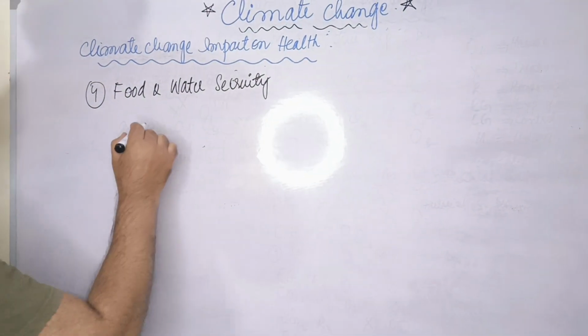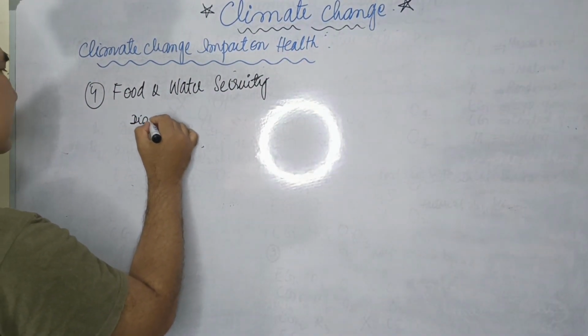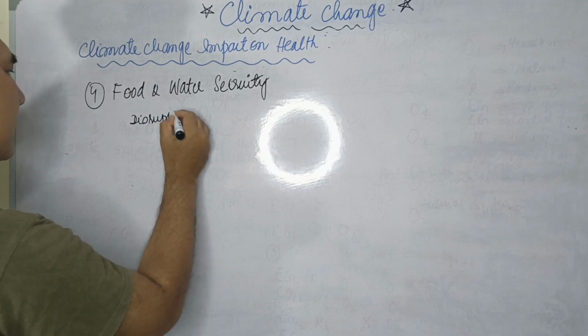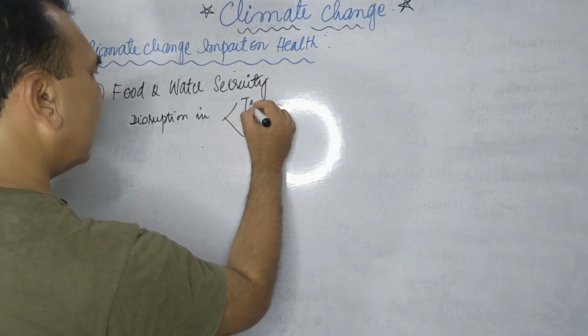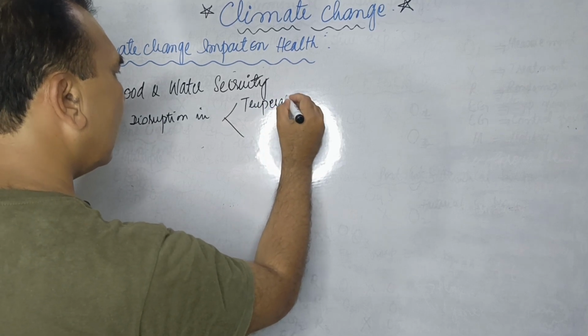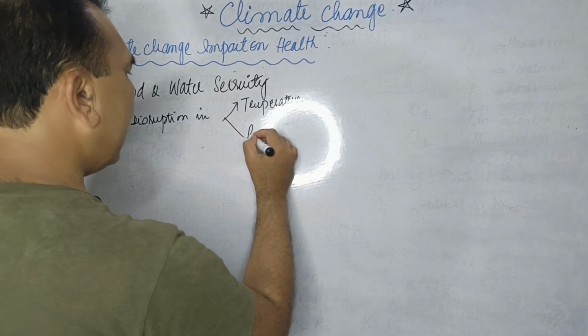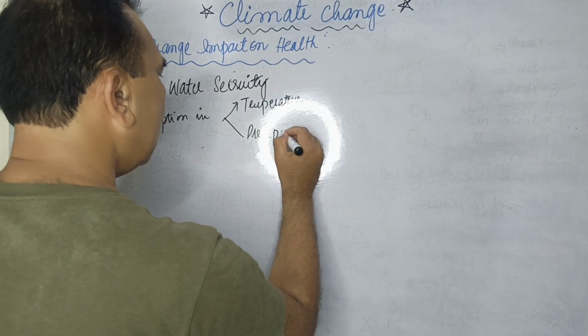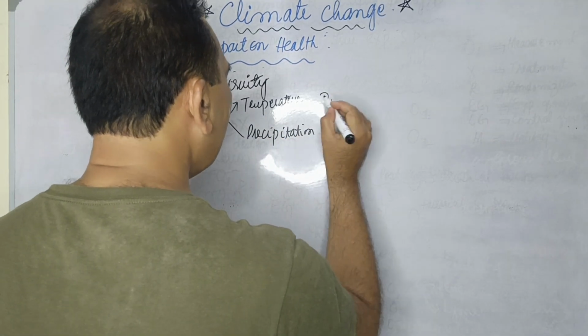As you know, when there is disruption in the temperature and precipitation, what will it affect?